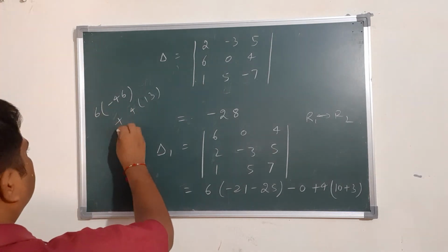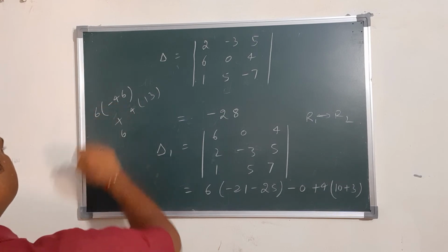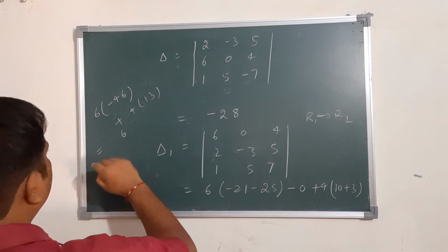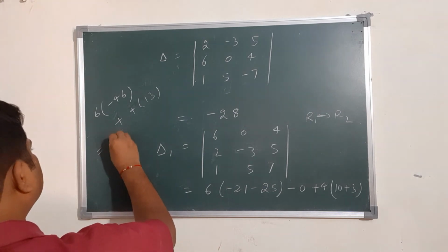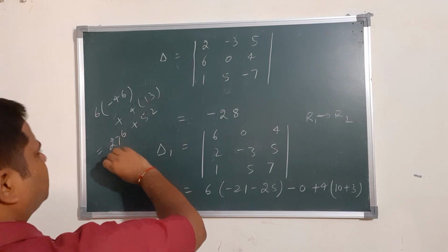So this will become 6 6s are 36 and 6 4s are 24 and 3, 27, and this plus 52.